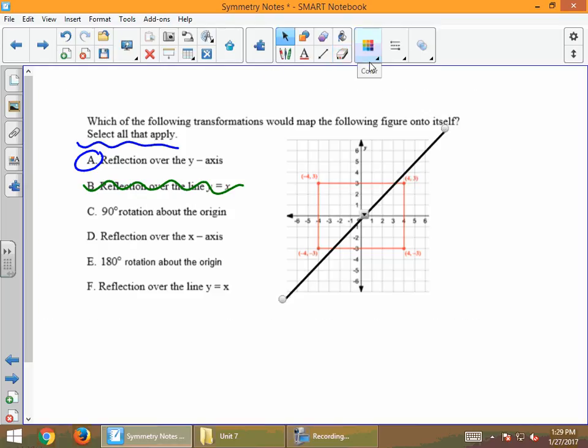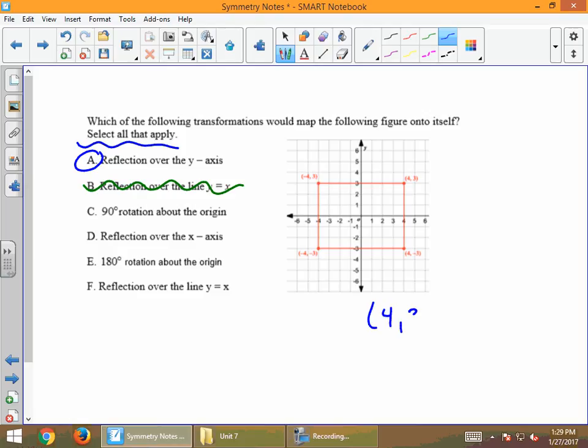Okay, let's try the next one. A rotation of 90 degrees about the origin. So again, pick one of those points. It doesn't matter. If you want to keep using 4, 3, you can pick whatever one you want to use. When we rotate something 90 degrees, what do we do with the point? Flip it.